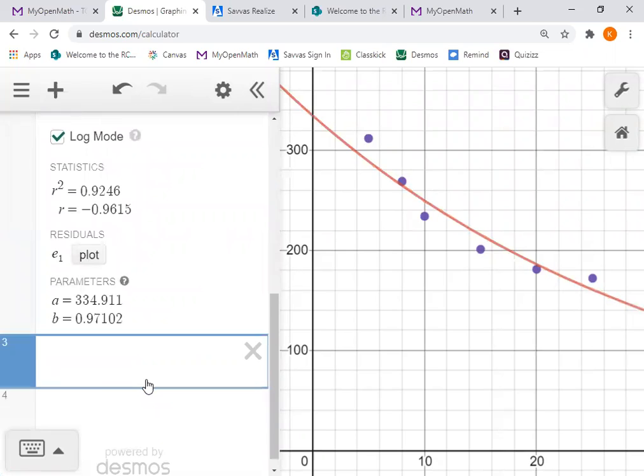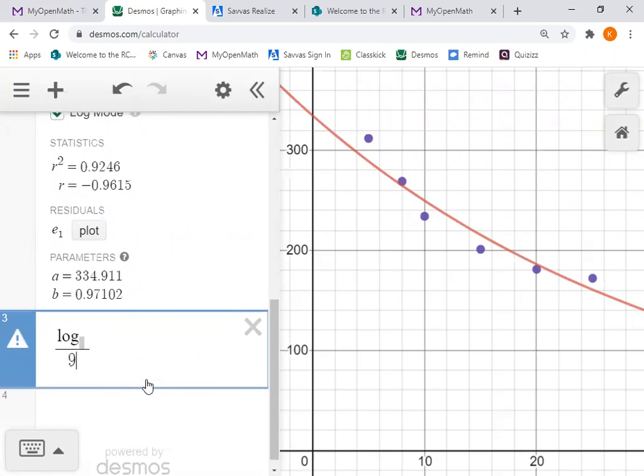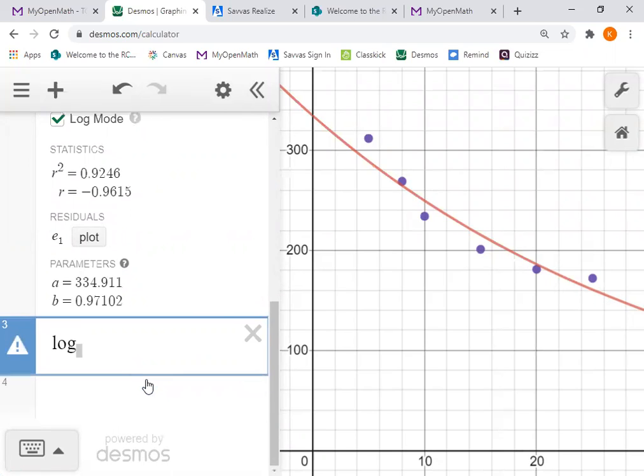So I've got log, and then remember for the base, it's shift and the underscore. That'll put it down in the subscript, the 0.97102. Well, that wasn't right. Somehow I got all the way down below. Let's get down into that subscript. 0.97102.